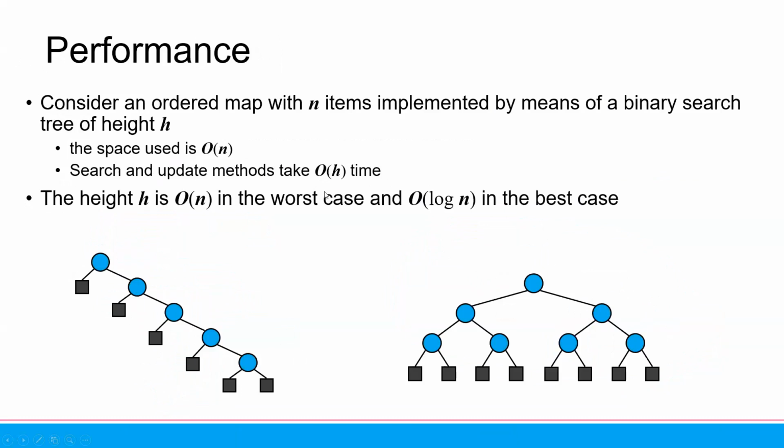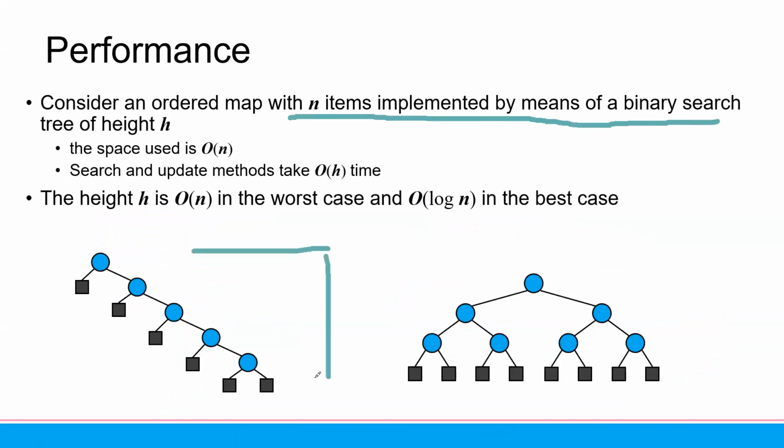The performance. If we consider an ordered map with n items, implemented by means of a binary search tree of height h, the space is O(n), and the search and update methods take O(h) time.